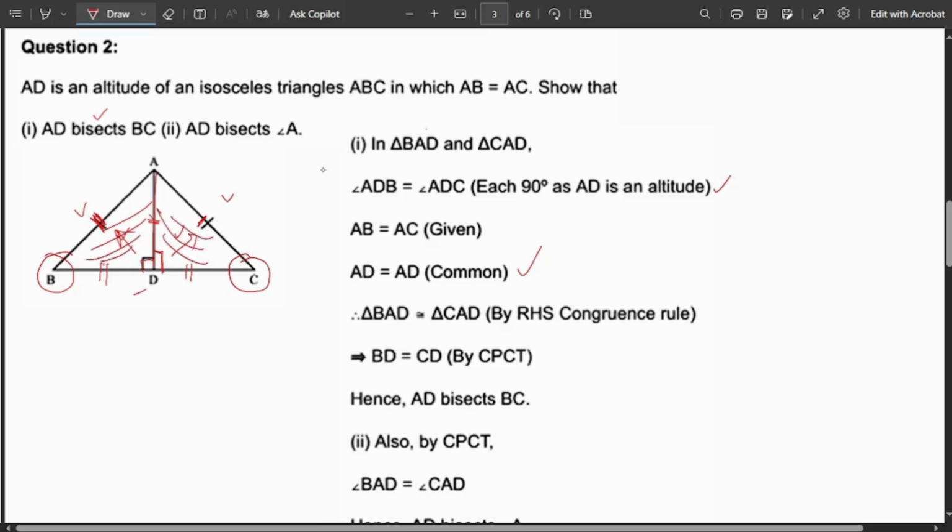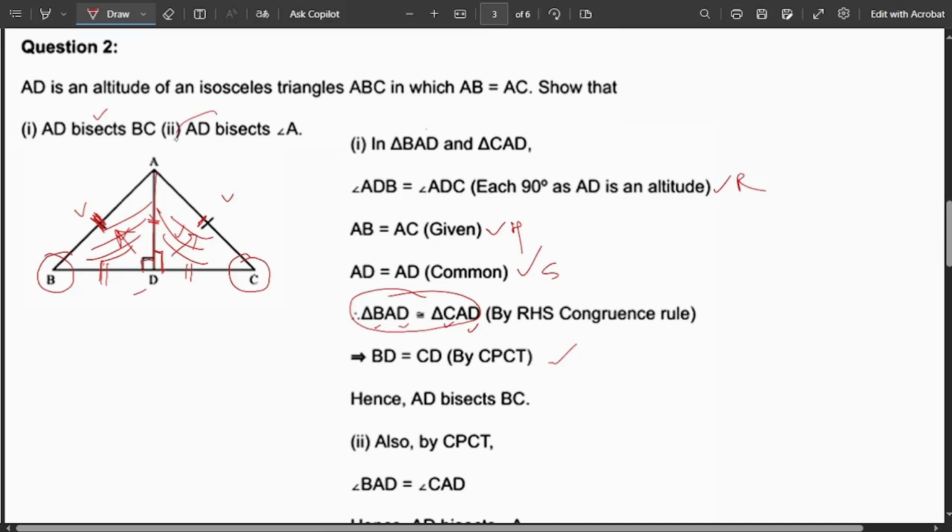By right angle, hypotenuse and side congruency, these two triangles are congruent by RHS, and hence BD equals CD by CPCT.